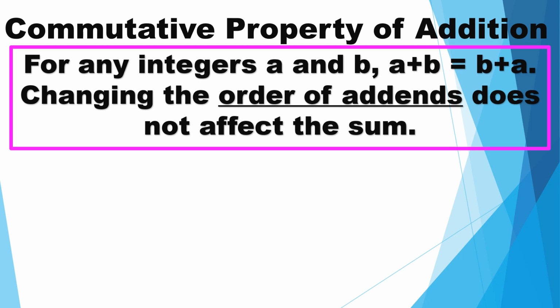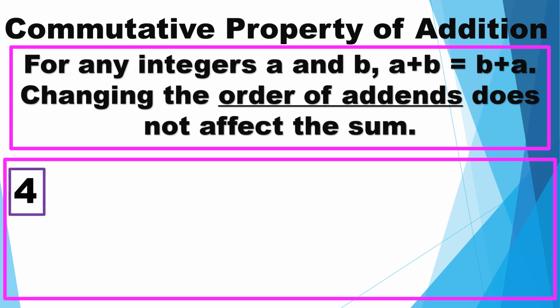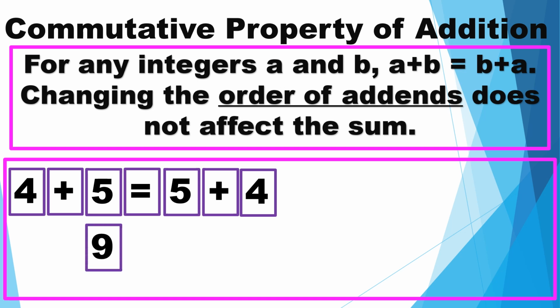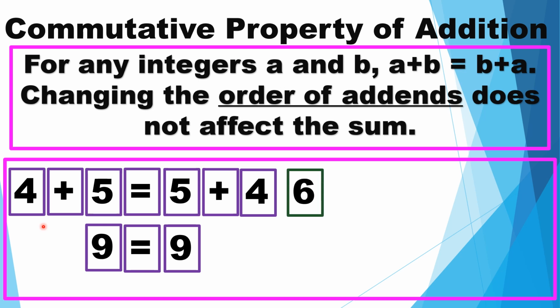Let us have an example. 4 plus 5 is equal to 5 plus 4. 4 plus 5 is equal to 9. 5 plus 4 is equal to 9. 9 is equal to 9.